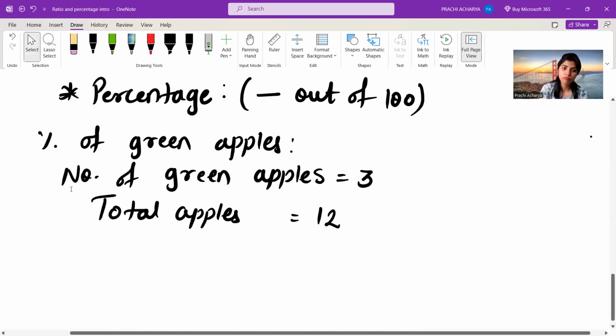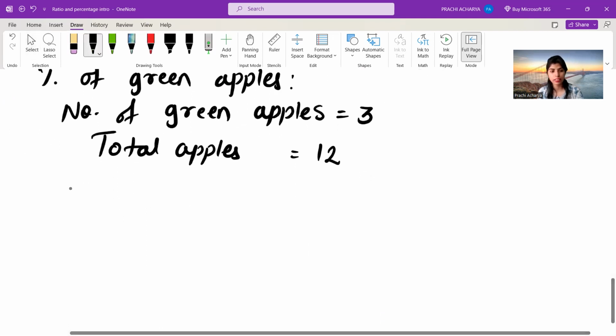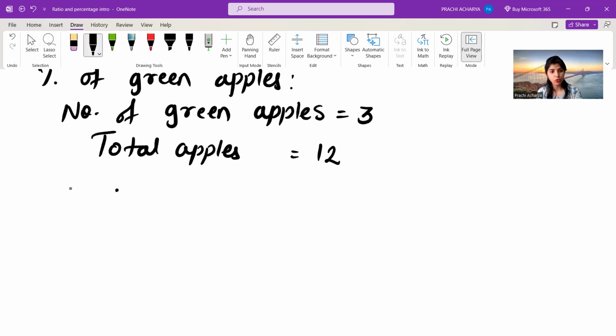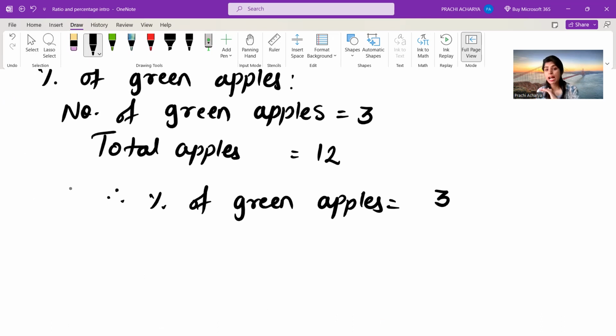Now, how to find out percentage? Therefore, percentage of green apples is equal to, right now we have 3 apples out of 12.